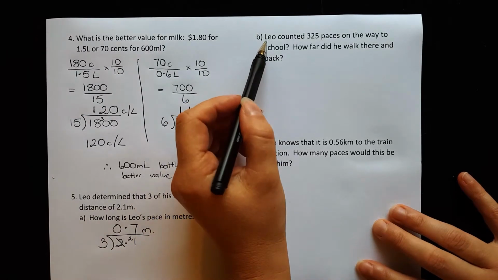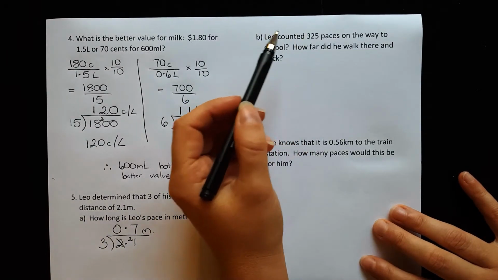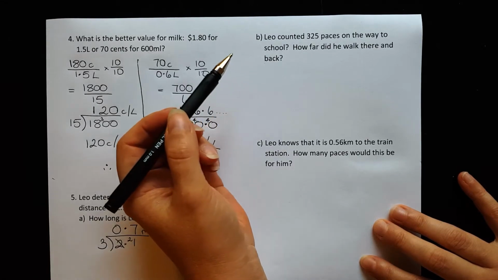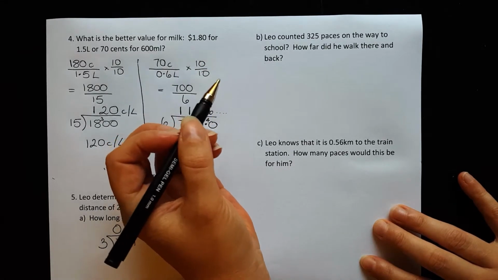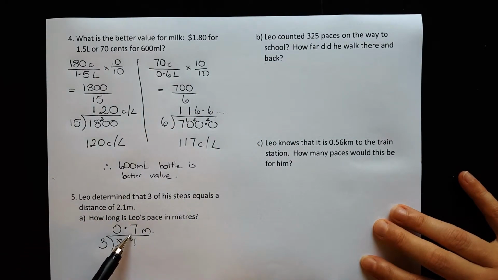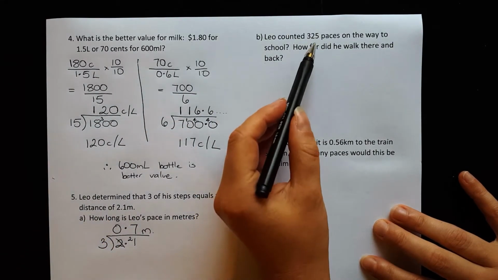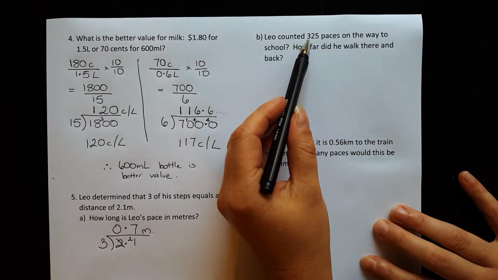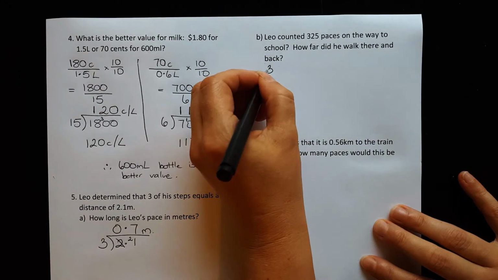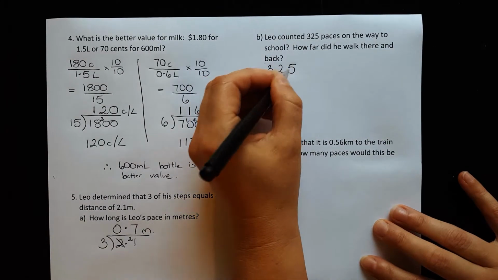For B, it says Leo counted 325 paces on the way to school. How far did he walk there and back? Well, for every step, it is 0.7 of a meter. So I need to multiply 0.7 times 325. Well, we don't like to multiply decimals, so what we do first of all is multiply 325 just by 7.